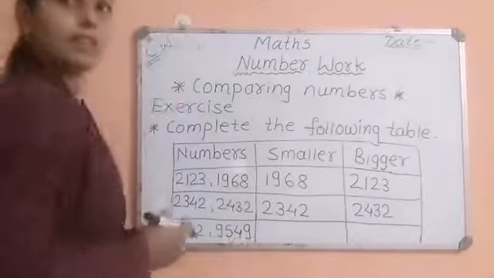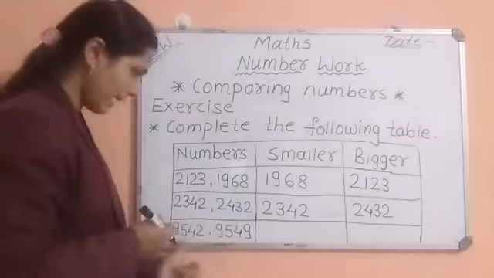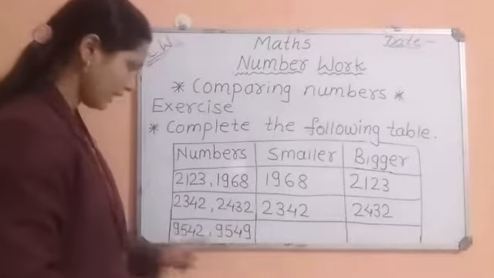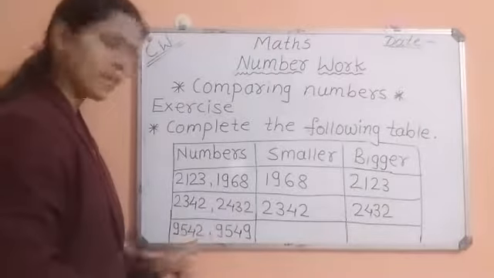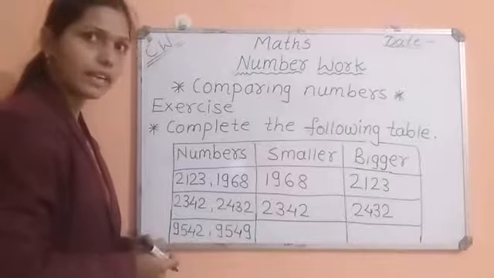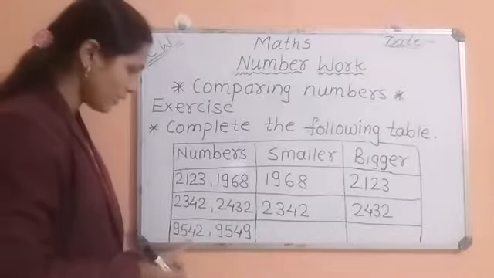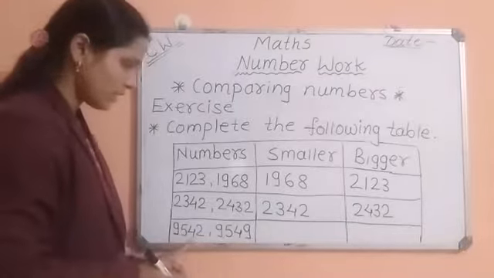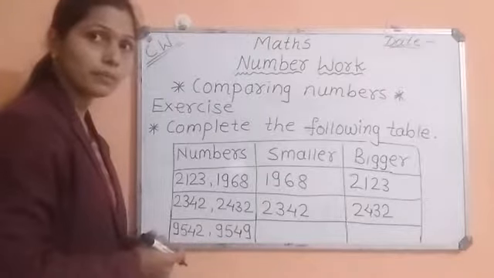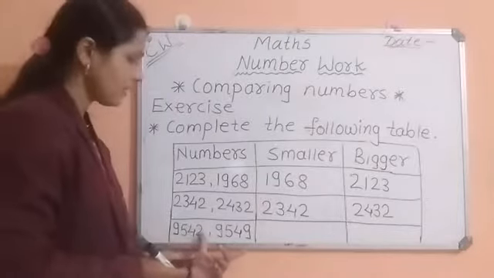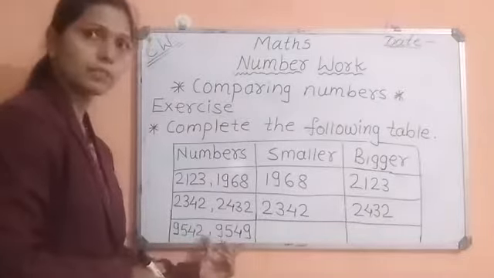9542, 9549. Now see the numbers. Same number at 1000 place. So take the next place, that is 100 place. 100 place has the same digit. Yes. Then take the next place, that is tens place. Here you can observe tens place also has the same digit. So which place do we have to take for the comparison? Yes, correct, unit place. Now see which unit is greater.